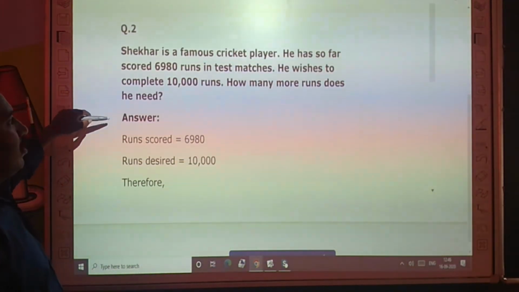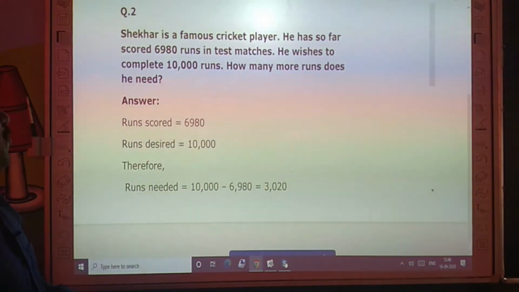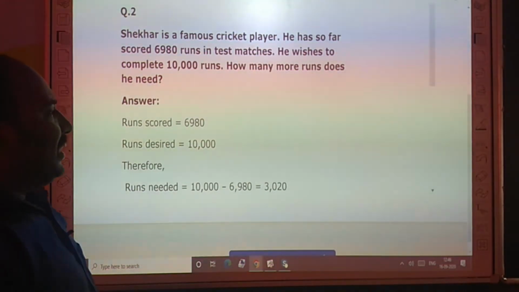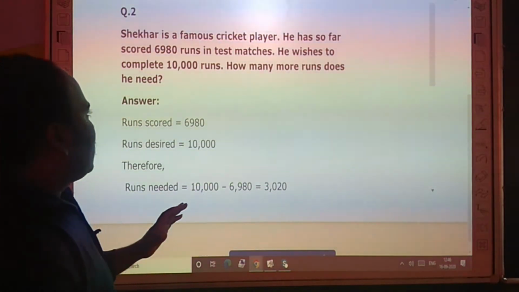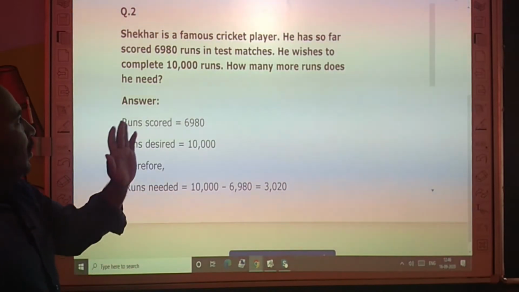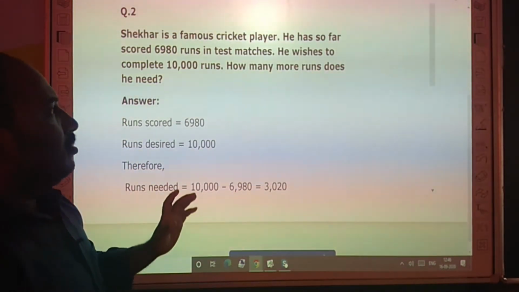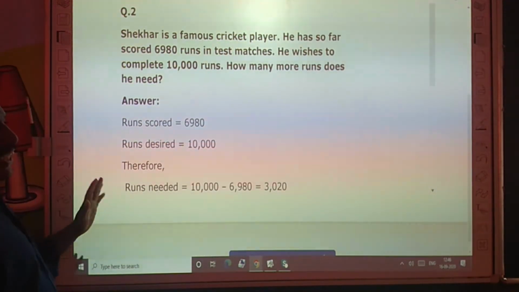And second one, question number 2. Sagar is a famous cricket player. He has so far scored 6,980 runs in test matches. He wishes to complete 10,000 runs. So how many more runs does he need?